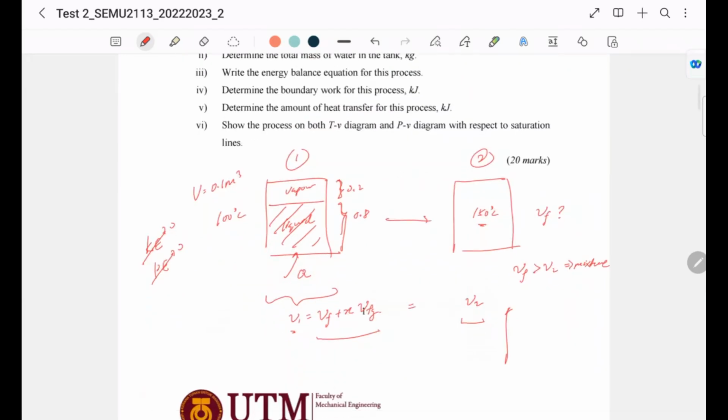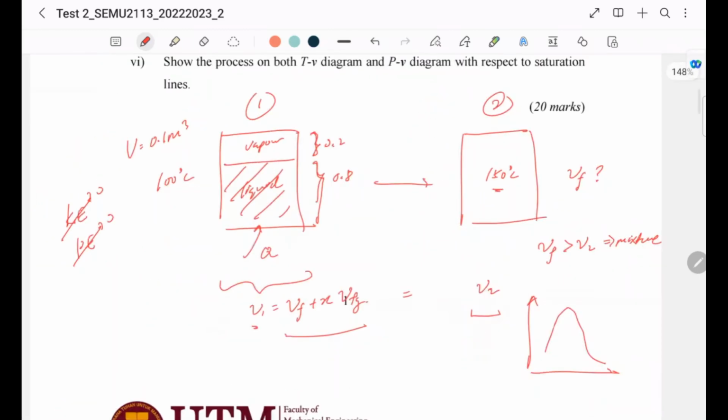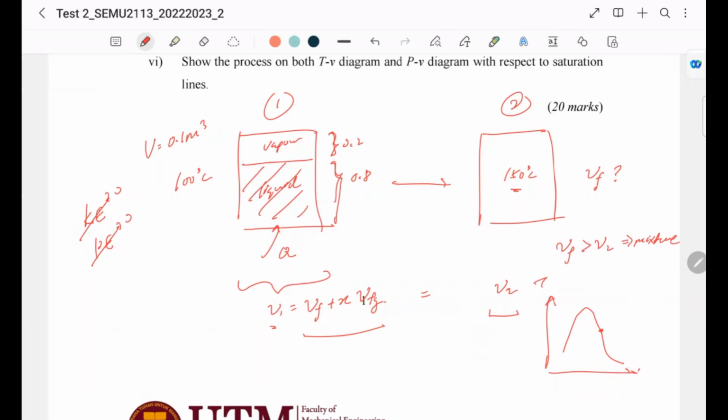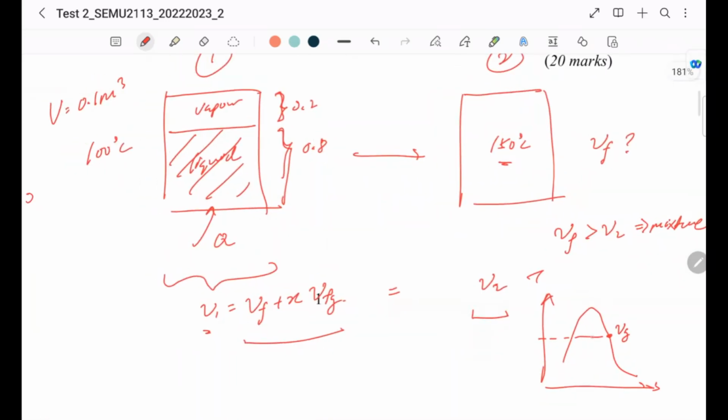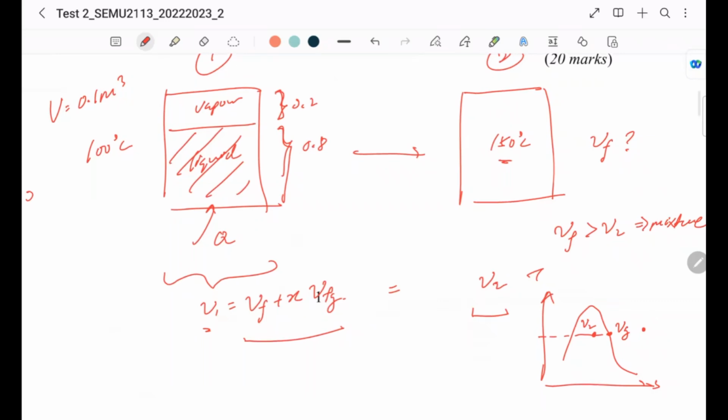Because on the TS diagram, if our v2 is smaller than vg, it means a mixture. If it's larger, it means it's a saturated vapor.